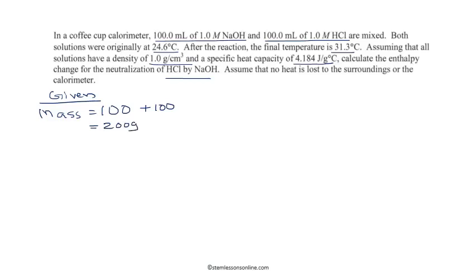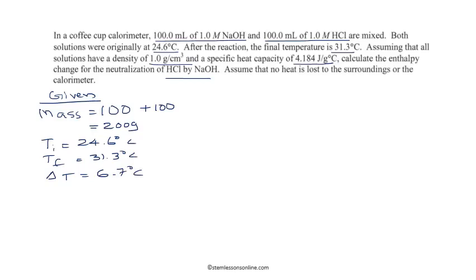And also we have the initial temperature and the final temperature, both in degrees Celsius, 24.6 and 31.3 degrees Celsius. So the change in temperature will be 6.7 degrees Celsius when you subtract.